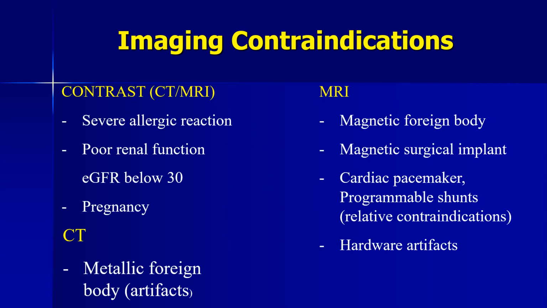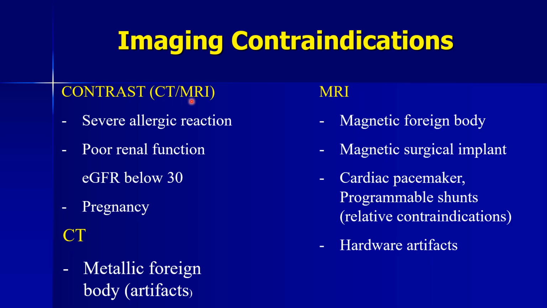So let's discuss contraindications of imaging. We can categorize them separately into contraindications from the contrast and contraindications in the setting of CT and MRI imaging. In contraindications from contrast, we use two different types of contrast.